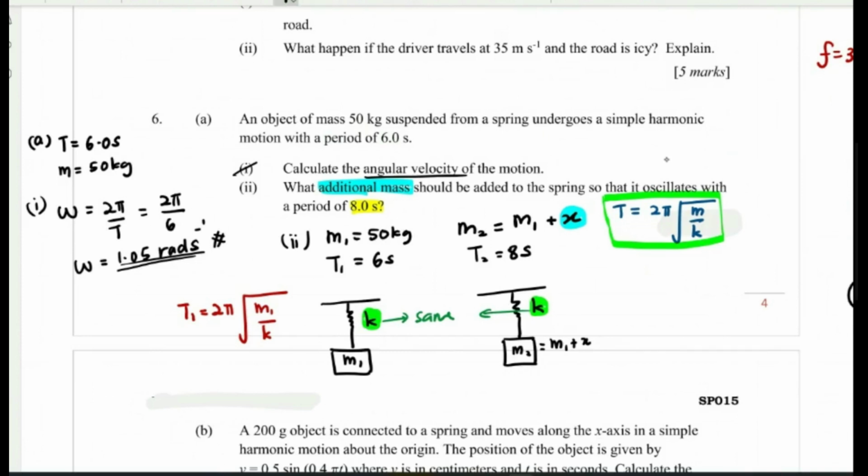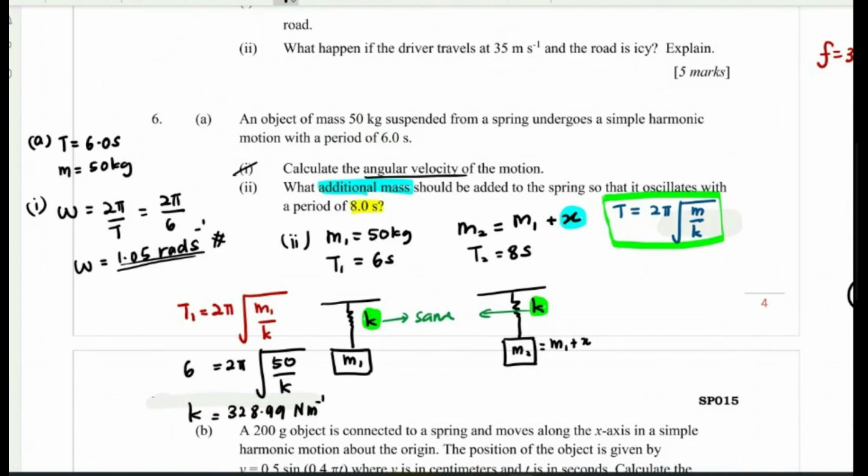So T1 tu you can substitute 6, 2 pi square root M1 is 50 kg over K. Kalau awak kata boleh tak saya nak cari K? Boleh, tak ada masalah. Awak cari dulu K. Berapa? Carikan untuk saya K. 328.99 Newton per meter. Okay.